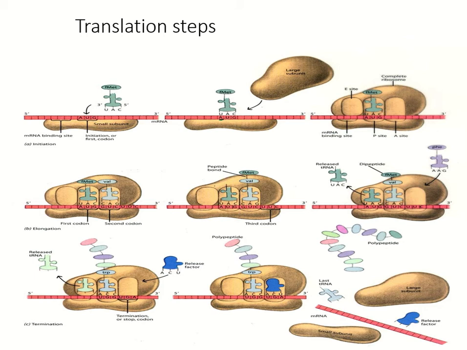The second step is elongation of the polypeptide chain. Another charged amino acyl transfer RNA complex binds to the A site of the ribosome at the second codon. A peptide bond is formed between the carboxyl group, that is COOH, of the amino acid at the P site and the amino group of the amino acid at the A site by the enzyme peptidyl transferase.